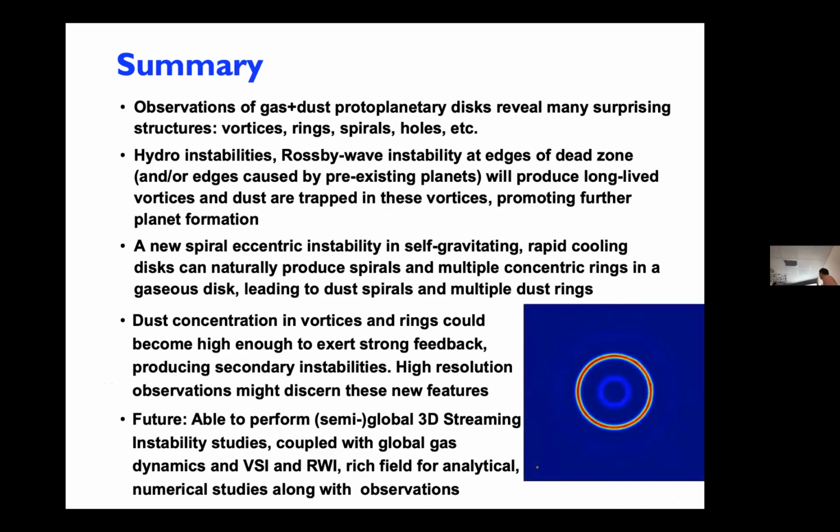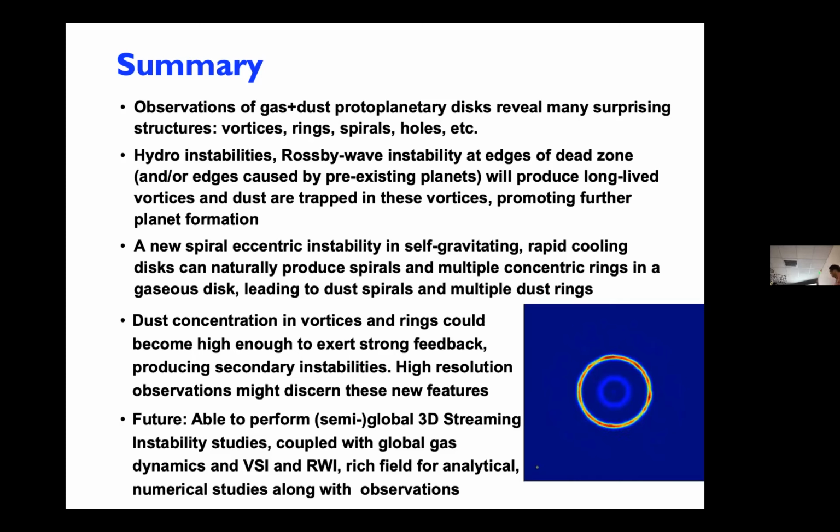So to summarize, I think observationally it's far richer and more surprising than we initially thought: vortices, rings, spirals, and big holes. There is still debate going on whether we should do everything MHD or whether there is room for hydro. For this talk, I stay with hydro, particularly two instabilities. One is Rossby at the edge of that zone, and also a new spiral eccentric instability in a self-gravitating rapidly cooling disk.